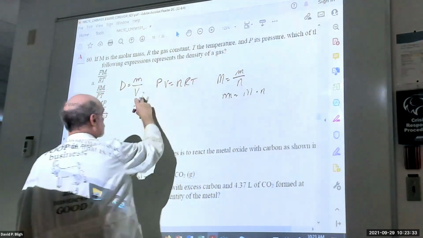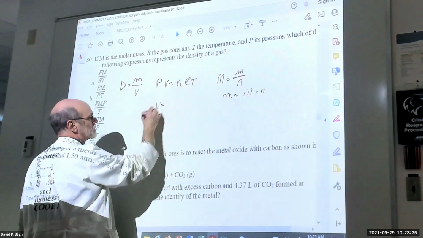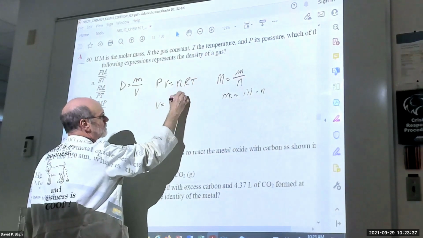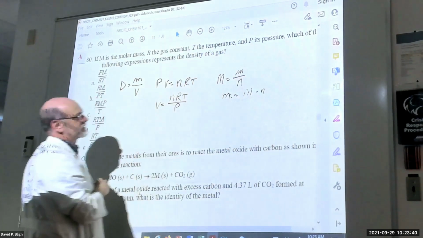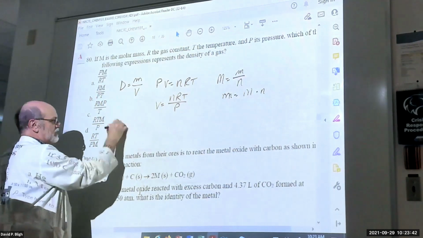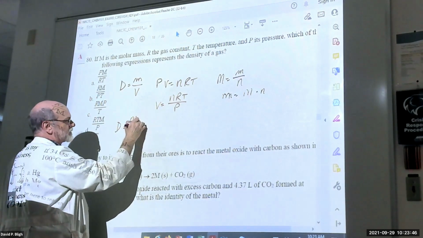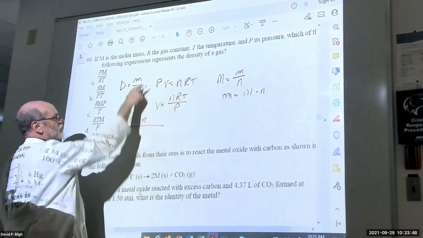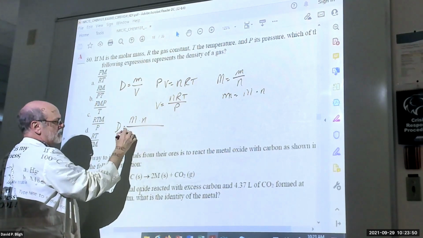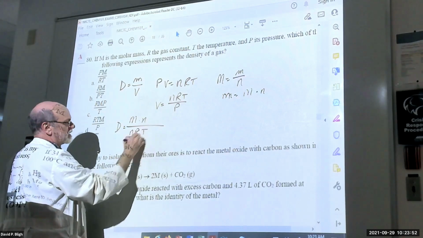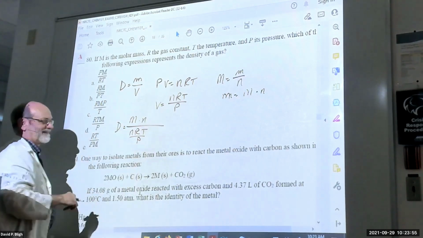And if we're going to substitute volume, solve this one for volume. Okay, now we can substitute in here like this. So that one is molar mass times moles in the numerator, and the volume is nRT divided by P.